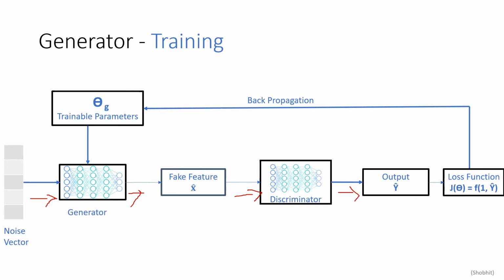So it gives the output y cap. At the end, for calculation of the loss, we give one as the real label, because we want the generator to generate realistic features. After calculating this loss, the error is backpropagated and all the trainable parameters are trained.